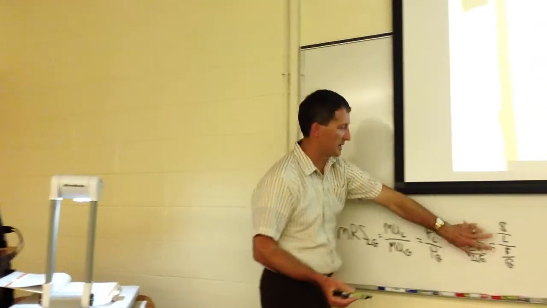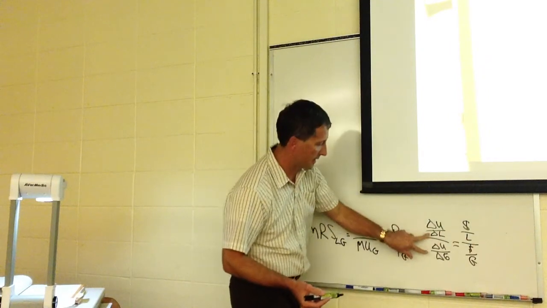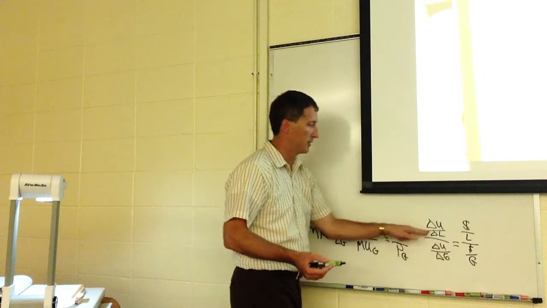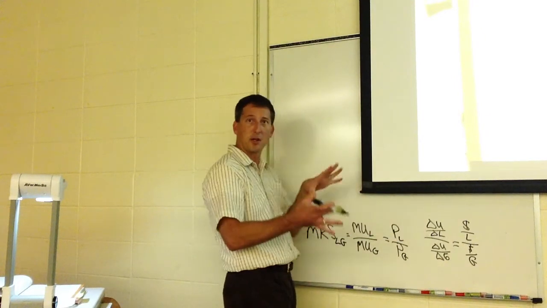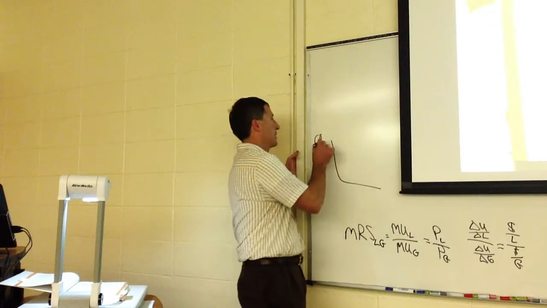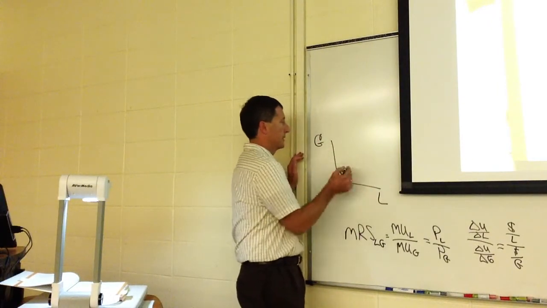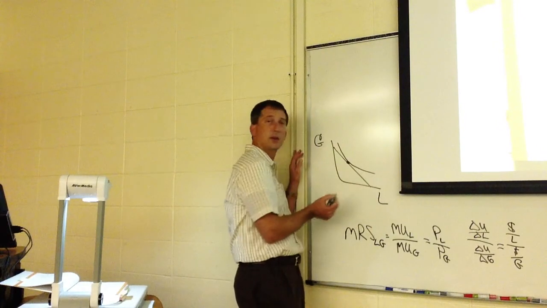And then you get the rise over the run back to where the G's the rise, right? Because as you flip this around, the change in G over the change in L gives you the rise over the run. That helps you match up the slope so that you know you're measuring G here and L here, and you've got a budget line and an indifference curve.